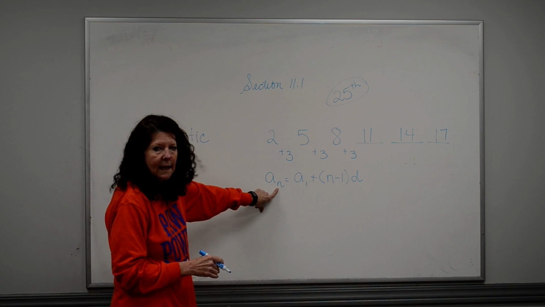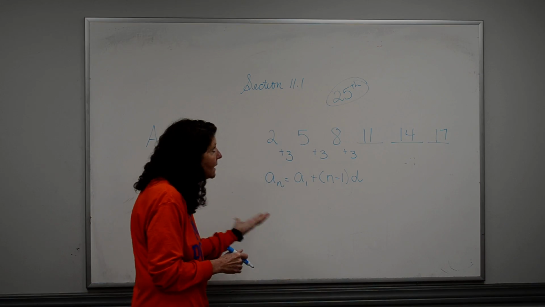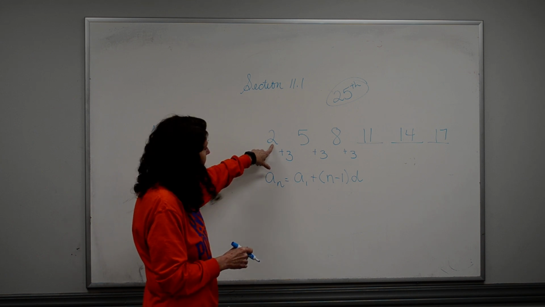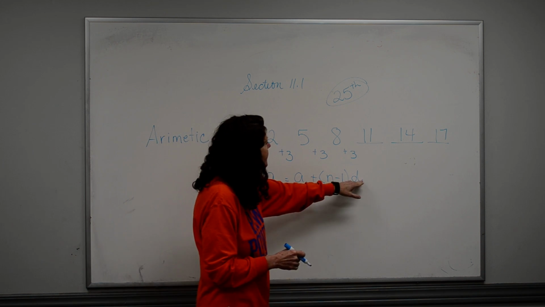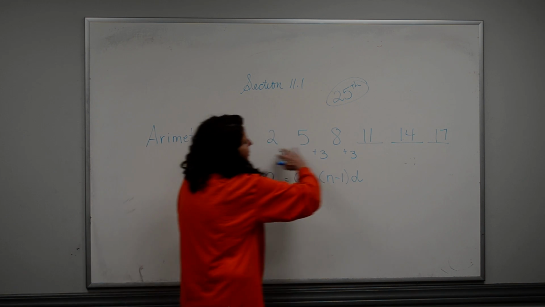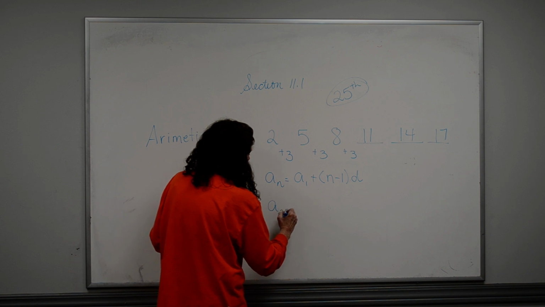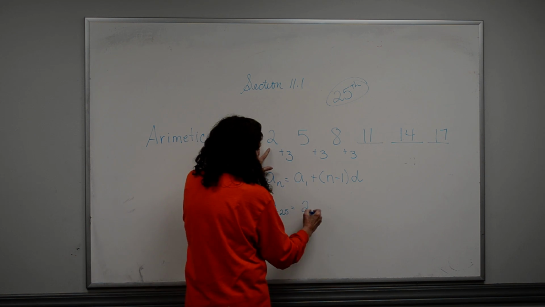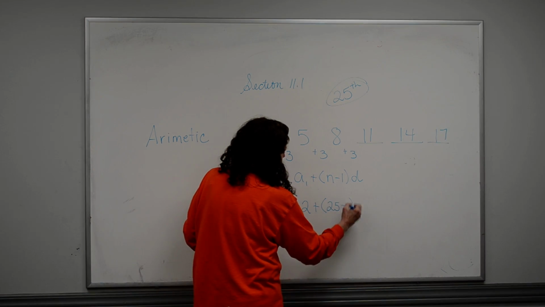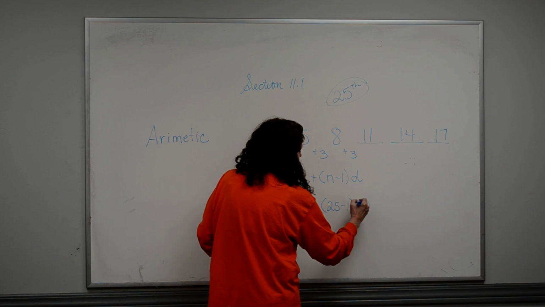Now, the n is what term I'm trying to find. In this case, I'm trying to find the 25th term. a sub 1 is the first term in my sequence, and d is my common difference. So to find the 25th term of this sequence, I'm going to say a sub 25 is equal to 2 plus, the n is my 25, remember, the term I'm trying to find, minus 1, times my common difference, which is 3.